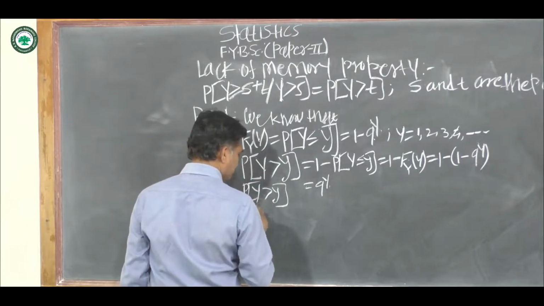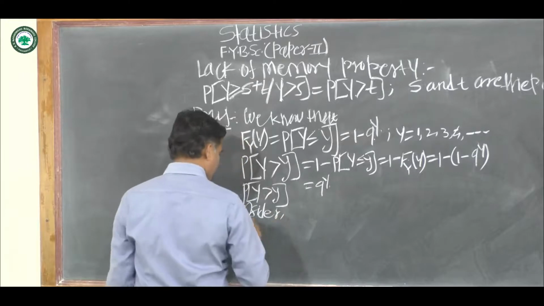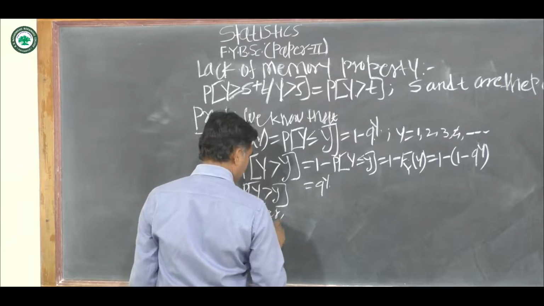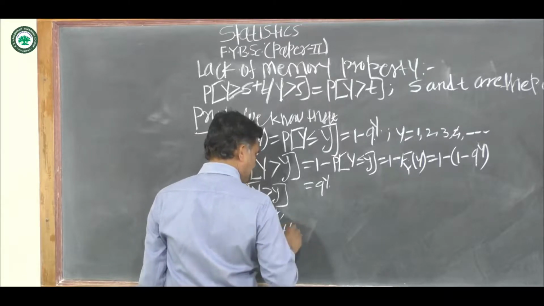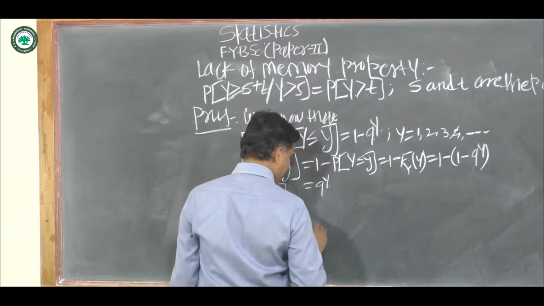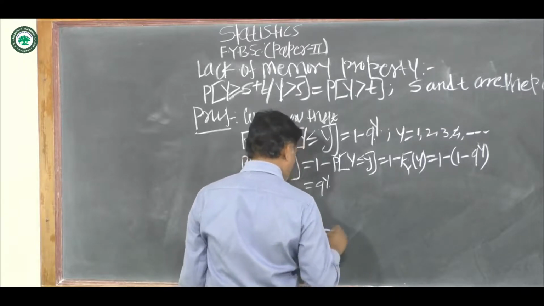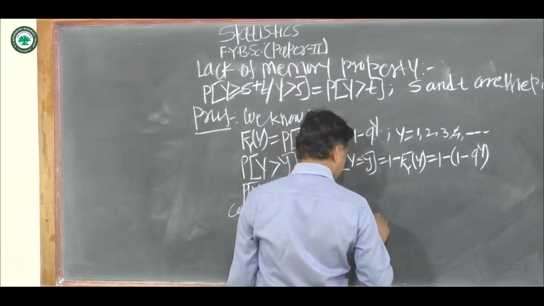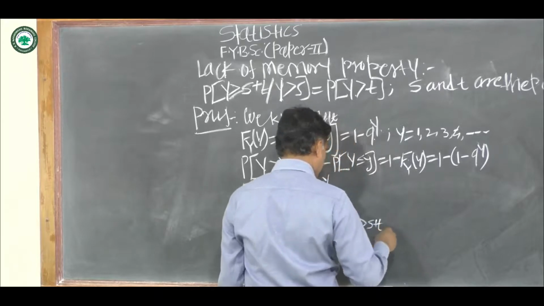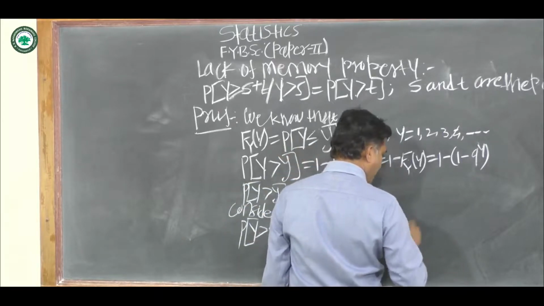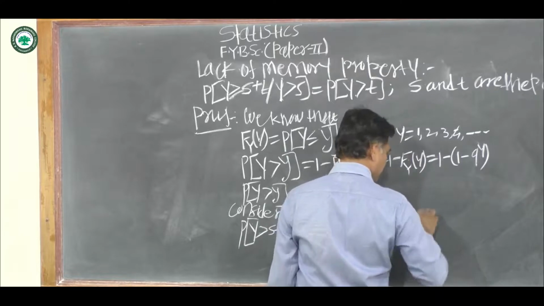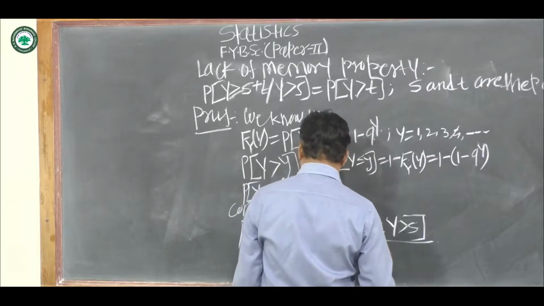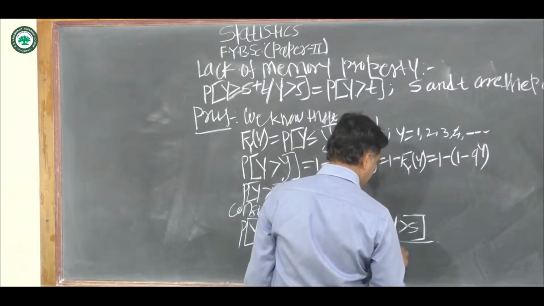Consider probability of Y greater than s plus t given Y greater than s, which is equal to probability of Y greater than s plus t and Y greater than s, this whole divided by probability of Y greater than s.